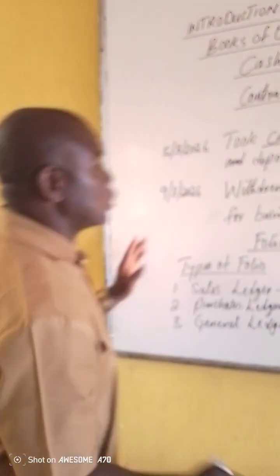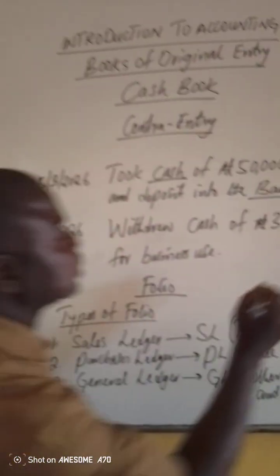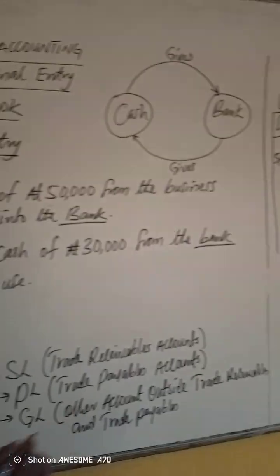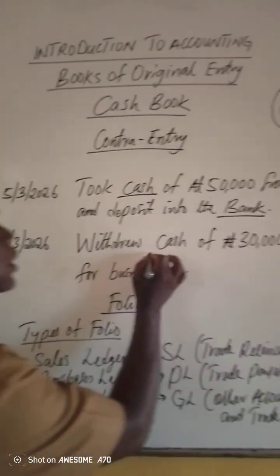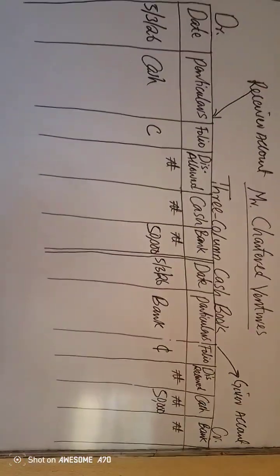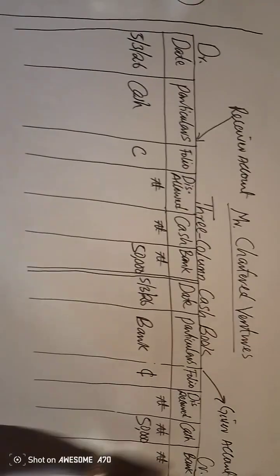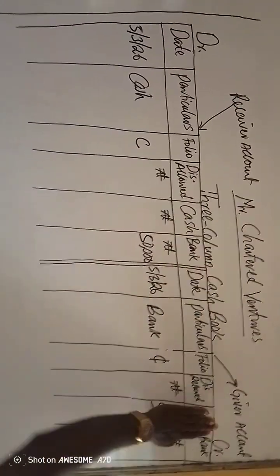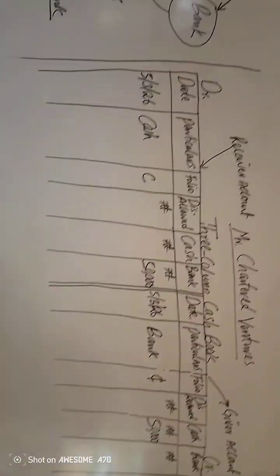Take note. Let's continue. Here the giver account is bank. Bank is giving, and the receiver account is what? Cash. Mind you, you must start with the giver account. Here, before it was cash as the giver account, but now it is bank as the giver account. Mind you, anytime you come to the giver account, hold the other account constant or suspend it.